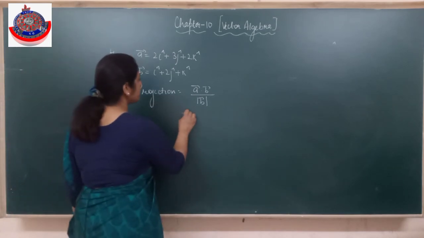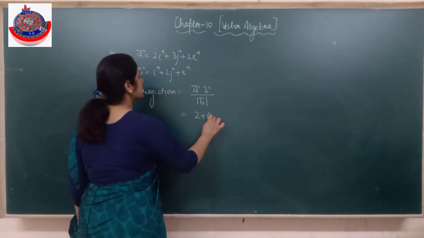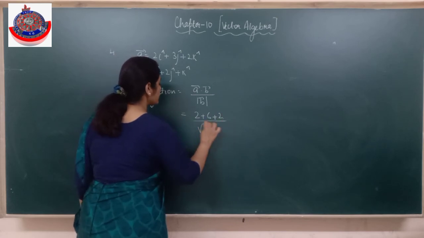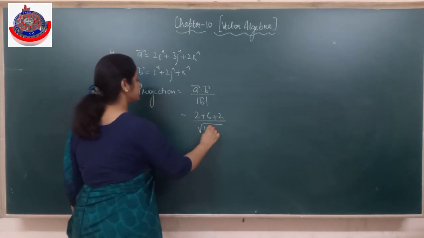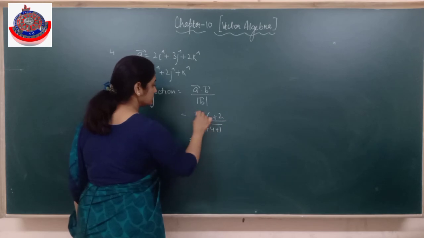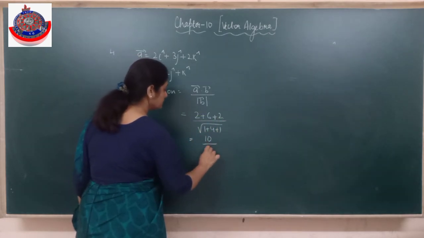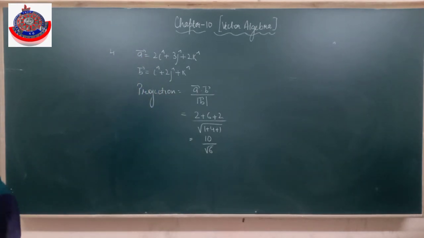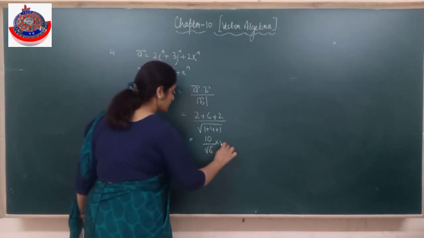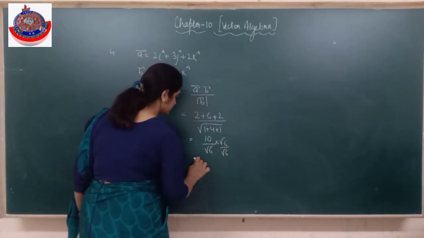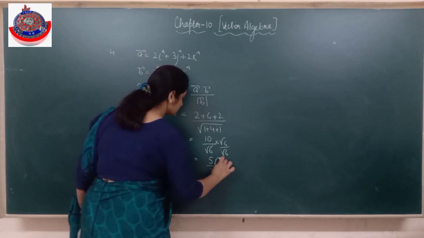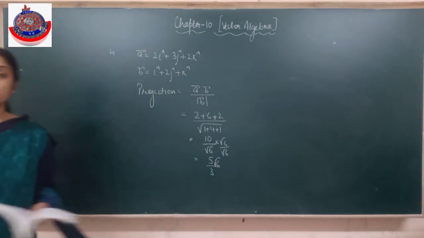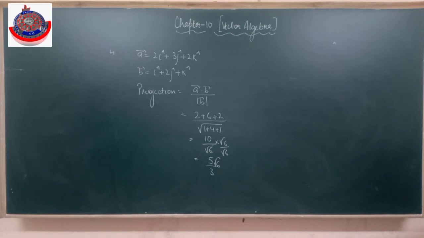So you find A dot B. What is A dot B? 2, 6, 2, under the root, magnitude of B. Alright, 10 root 6. You can rationalize it further. This is the projection. I hope it's clear to everyone.